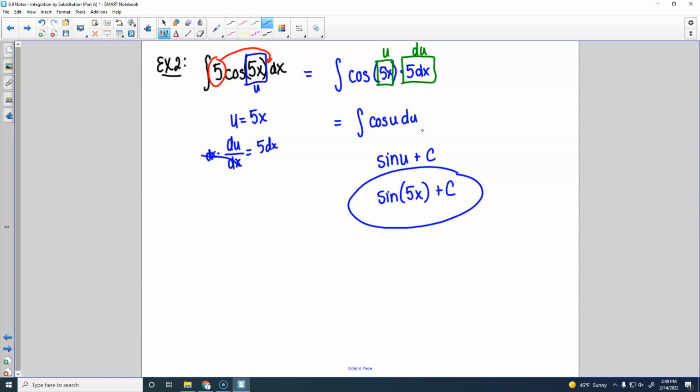Yes, correct. If we're taking the derivative of cosine we would get negative sine, but the integral of cosine is positive sine. Okay, questions?